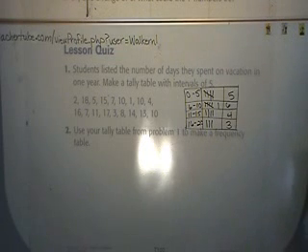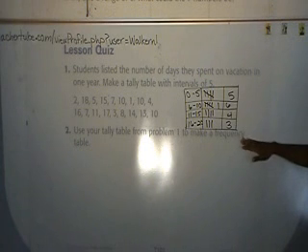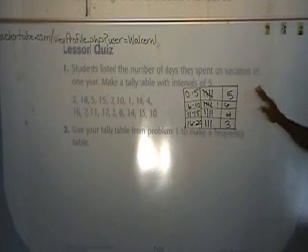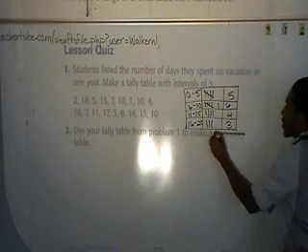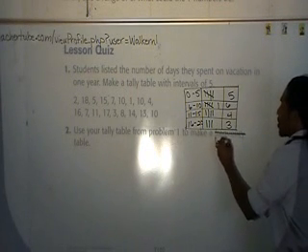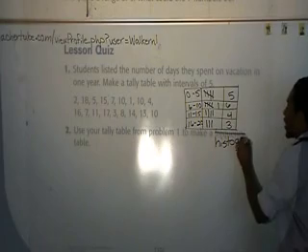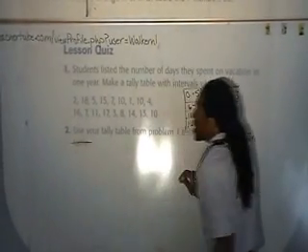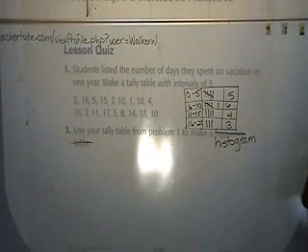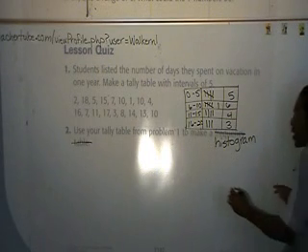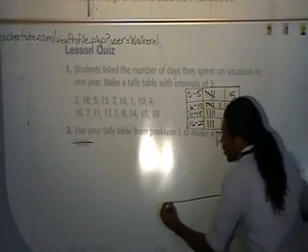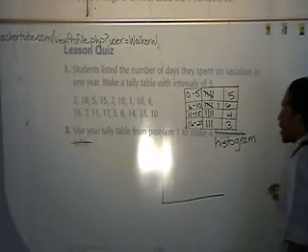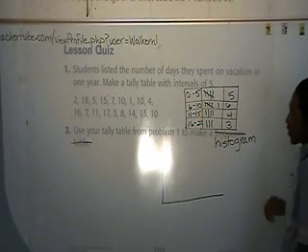Question 2 asks us to make a frequency table. We've already done that. What I want to do here, instead of making a frequency table, is make a histogram. And that is on your chart. A histogram looks exactly like a bar graph, except instead of categories going across the bottom, it has your intervals.